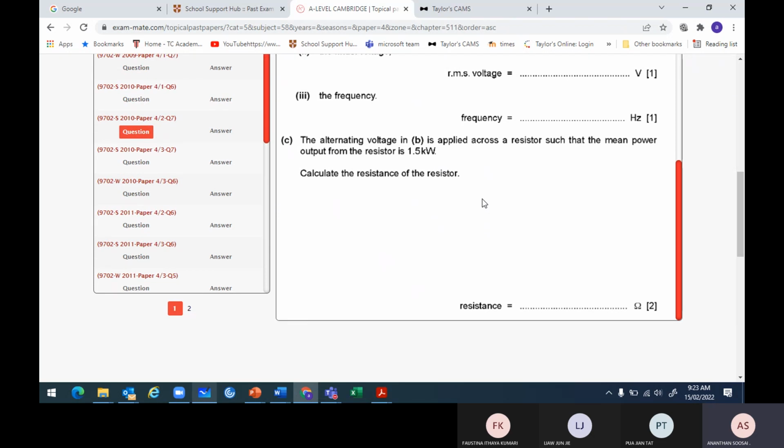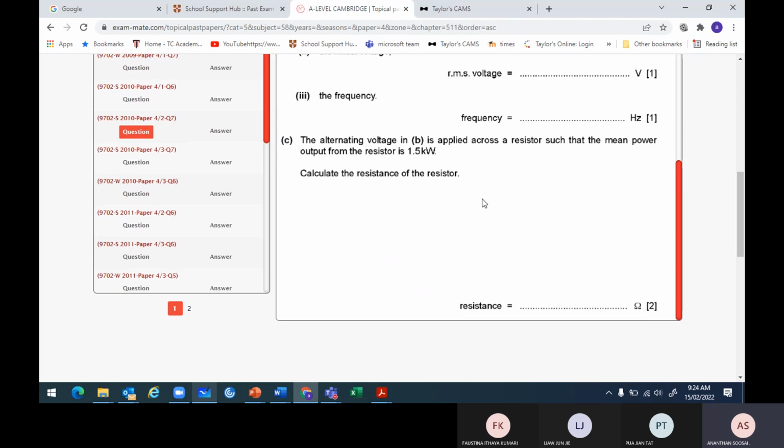Okay, come on. This needs to be calculated. Can you calculate for me? Give it a try. An alternating voltage is applied across a resistor such that the mean power is 1.5 kilowatts. You have to be careful when to use RMS and when to use peak. Calculate the resistance of the resistor.